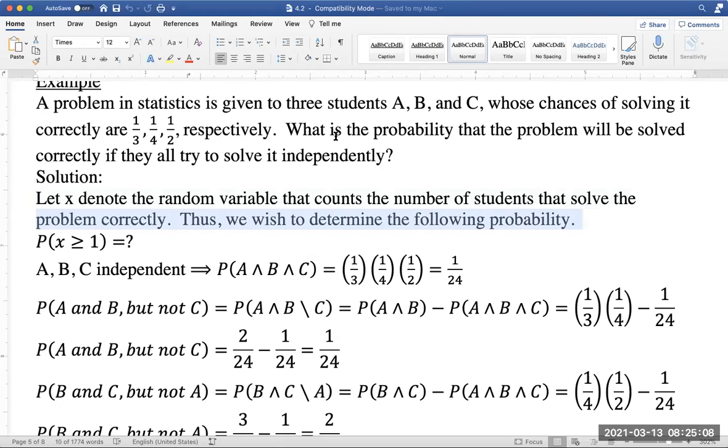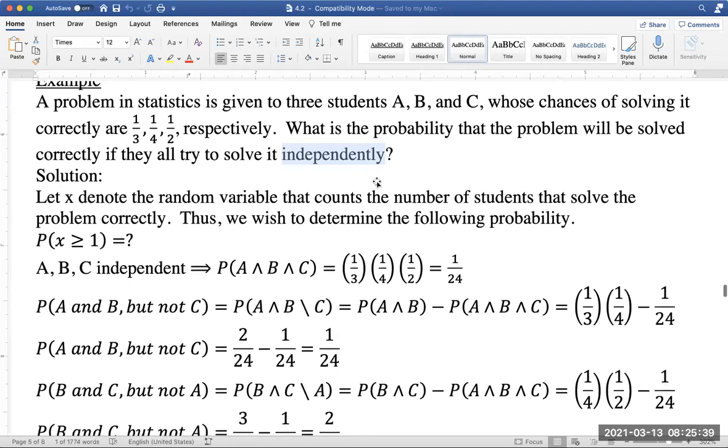The assumption of independence means that the fact that student A solves it does not influence whether B and C solve it, meaning they're not exchanging answers. They're not cheating.